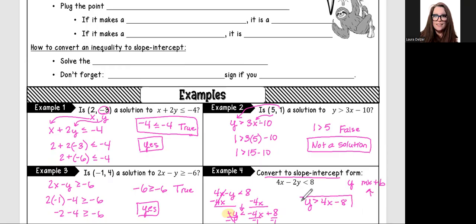Okay. So that is that standard form converted to slope-intercept, but we had to remember that dividing by a negative is going to flip your inequality, just like when we messed with inequalities earlier in the semester. Okay, I am going to erase this if I'm going too fast. Just pause it.